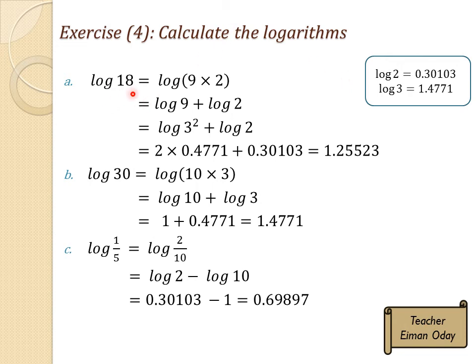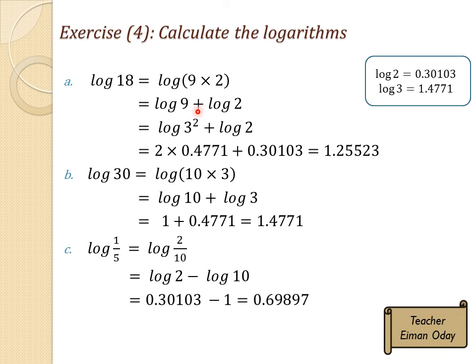Now, logarithm 18, of course, we will try to factor 18. So this is 9 times 2. And as we know, if we have multiplied values, we can separate them by adding logarithms. I can say for students, when we multiply numbers, we add logarithms.